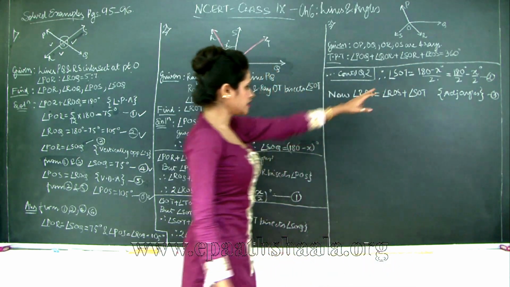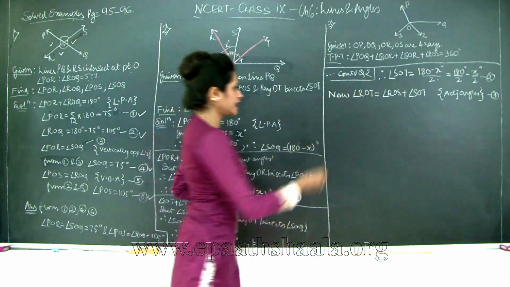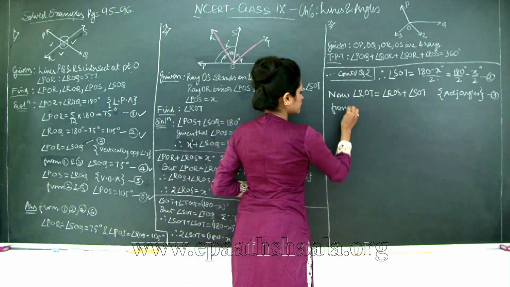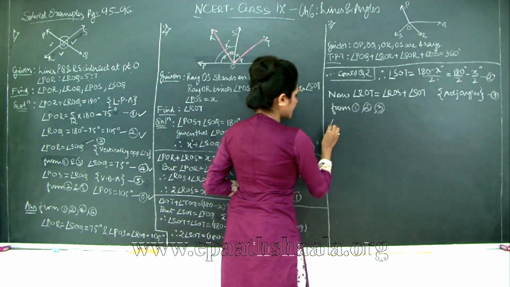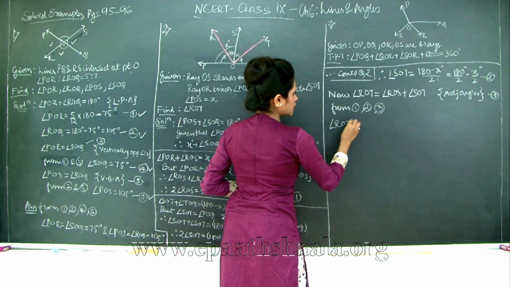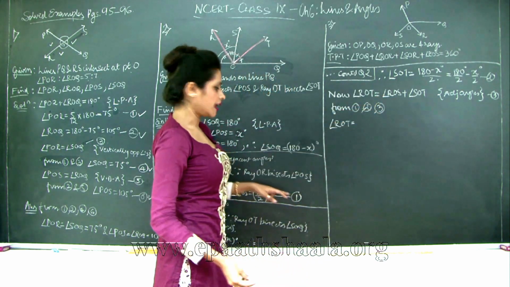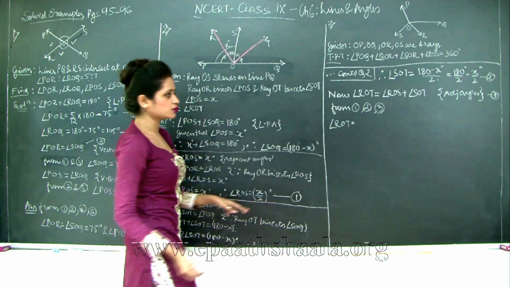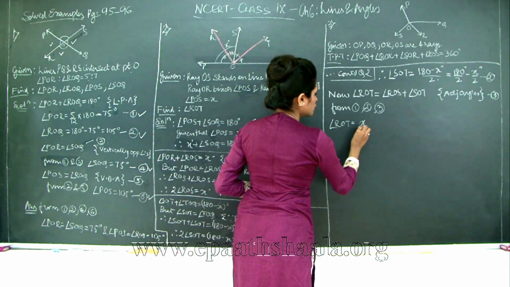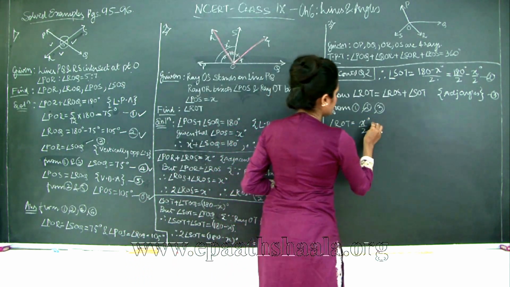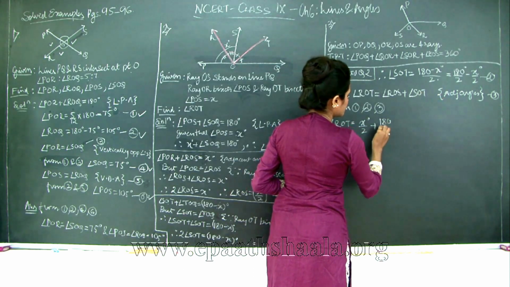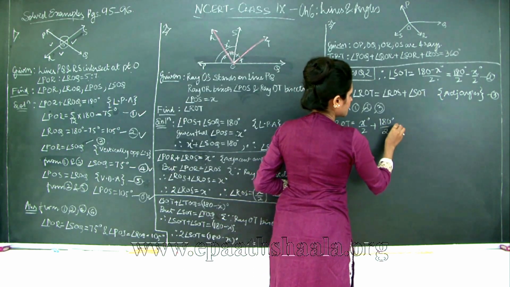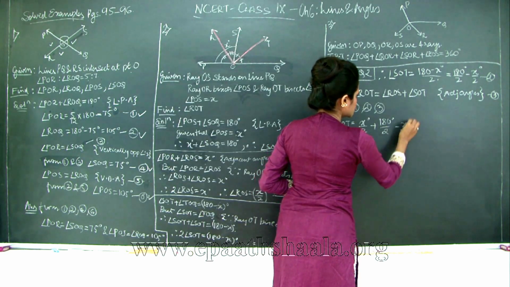So from 1, 2 and 3, what do we get? Angle ROT is equal to, what is the measure of angle ROS? It is x by 2 degrees. So x upon 2 degrees plus 180 by 2 degrees minus x by 2 degrees.